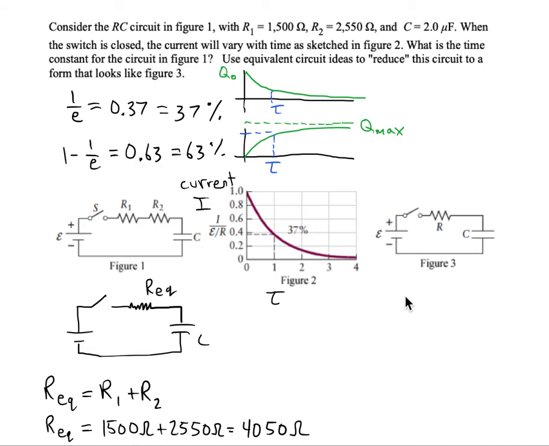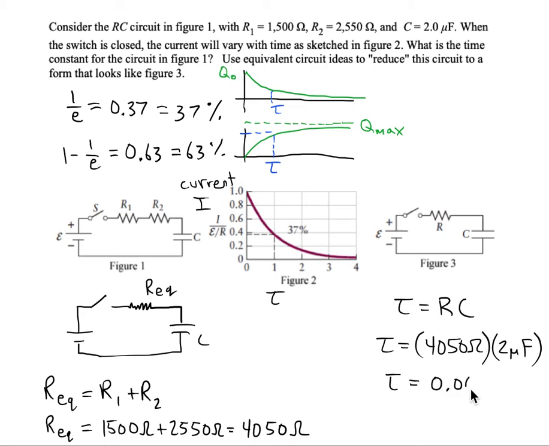And we can find it now by using the time constant formula, R times C. But we want to use the equivalent resistance for this RC circuit. It'll be 4050 times 2 microfarads. Gives us a time constant of 0.0081, and the units will be seconds.